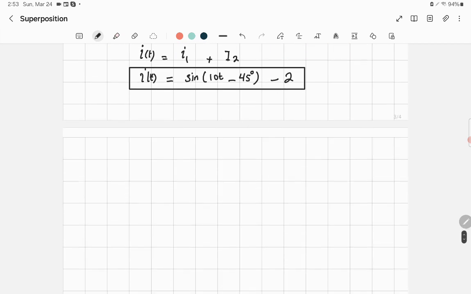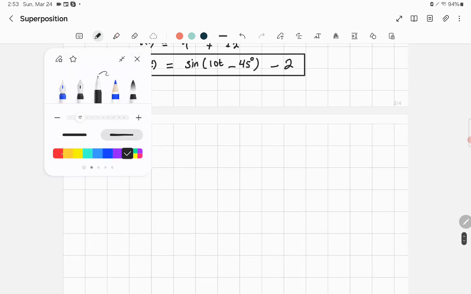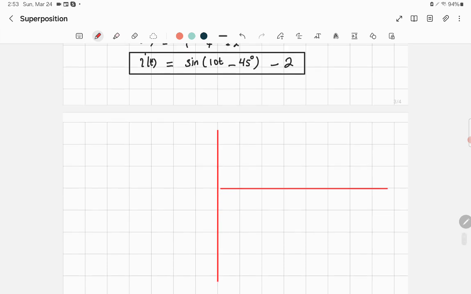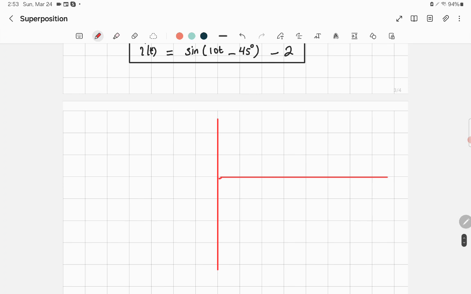You want to sketch it? Simple. Let me just sketch it here. If you have, that's the time axis, and you got this. The first one was a sine wave, and it was like 45 degrees. I'll put the x-axis in the end, because I'd like to make the sine wave nice.